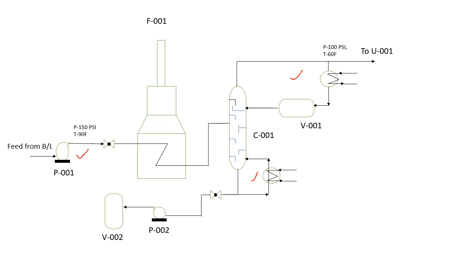PFD is very important to understand the process, right? It also gives you the pressure and temperature of the line. As you can see here, pressure and temperature are mentioned, here also, and it gives you all the important static and rotary equipment. For example, these two pumps, P001 and P002, F001, which is a fired heater, C001, which is a distillation column, V001 is an intermediate vessel, V002 is another intermediate vessel.